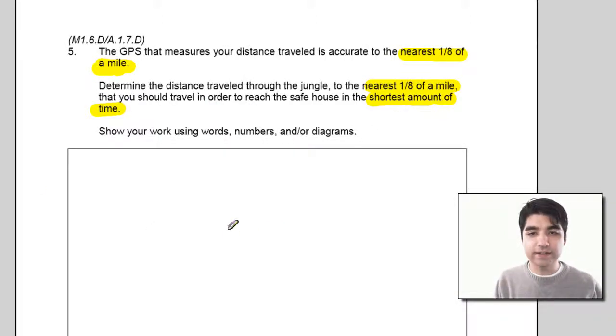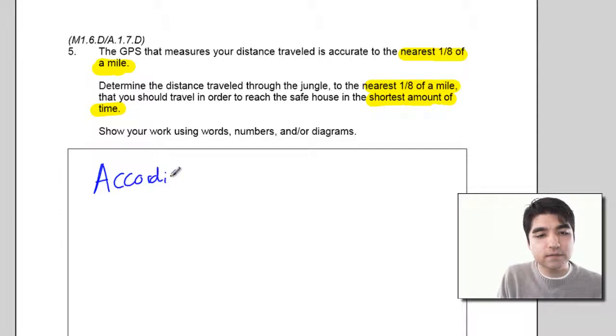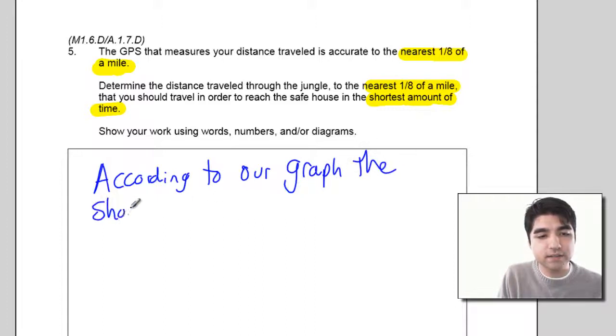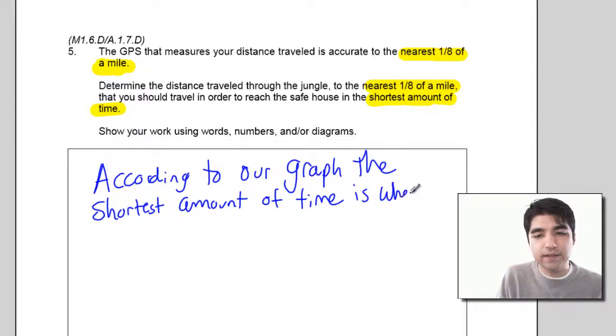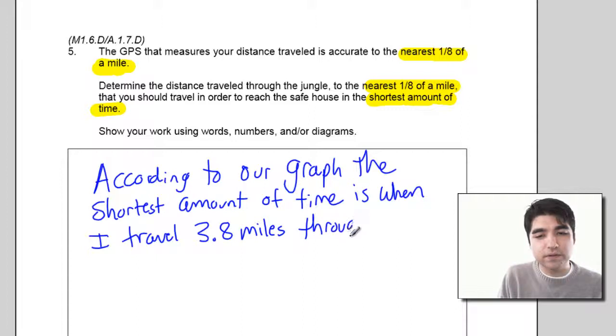So if we go back here and say, according to our graph, the shortest amount of time is when I travel 3.8 miles through the jungle.